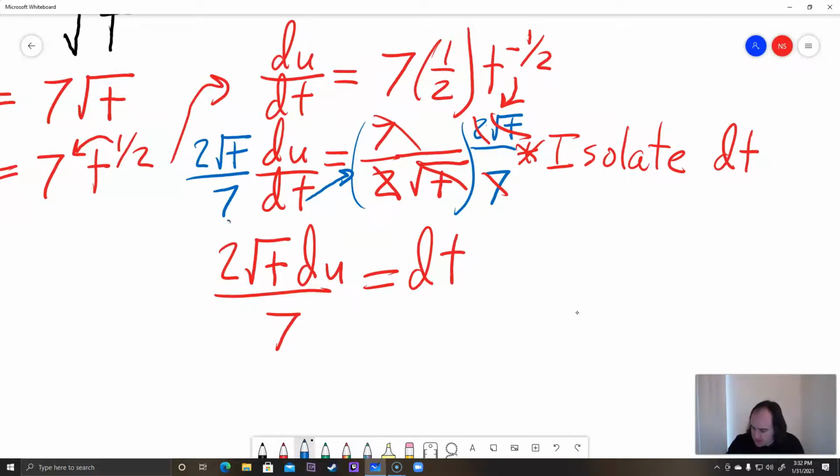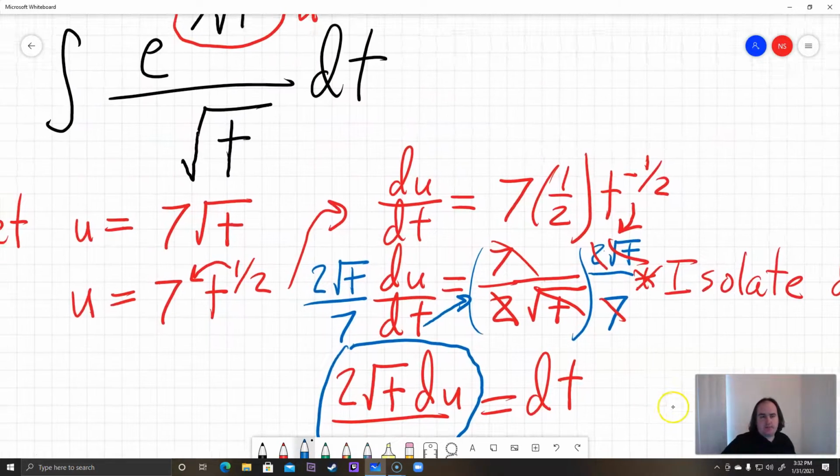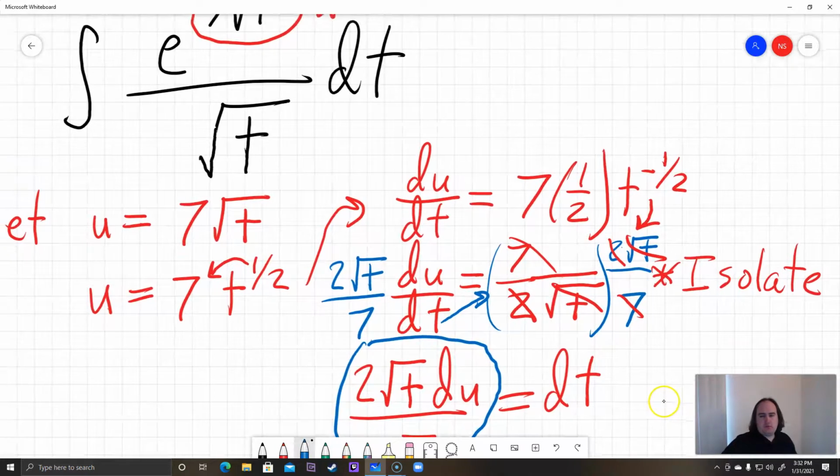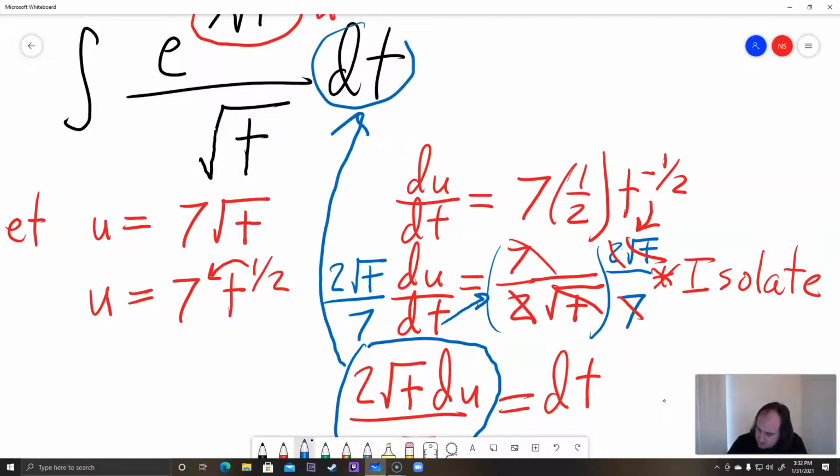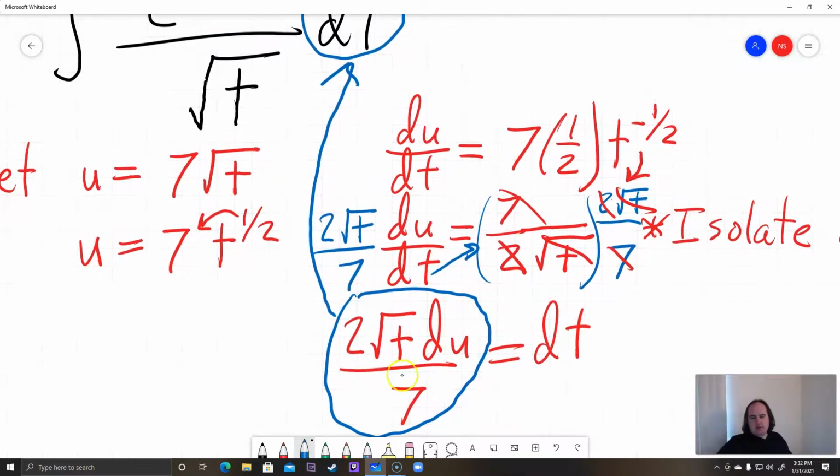And then what we can do is we can go ahead and plug in this big complicated thing here in for dt. Okay, so if I go ahead and take this right here and plug it in for dt, then a bunch of stuff is going to cancel out. Okay, so we have 2 root t du over 7.